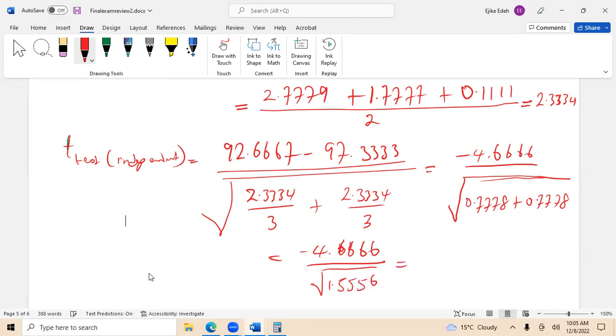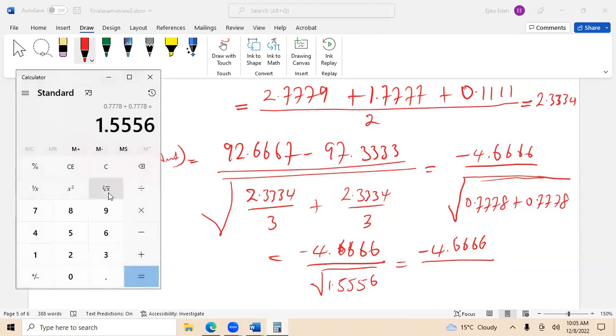You don't have to write every step in as much detail as I'm doing, but I'm using that to ensure that we don't make mistakes. Now we need to take the square root of this, and that will be 1.2472.